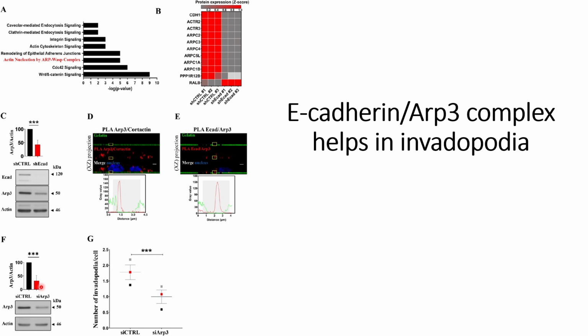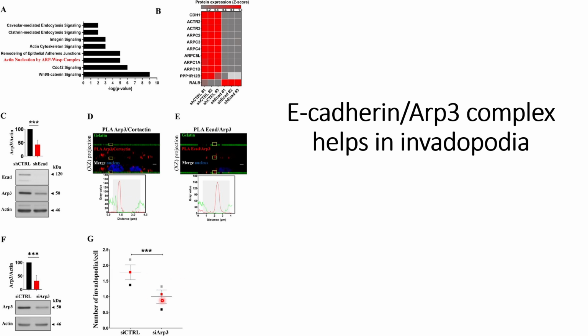The validation of the ARP3 silencing is shown in panel F, where we can see that the amount of ARP3 goes down significantly compared to the control case, and the Western blot is also shown here. Then they checked the number of invadopodia per cell and saw a decrease where ARP3 has been knocked down.